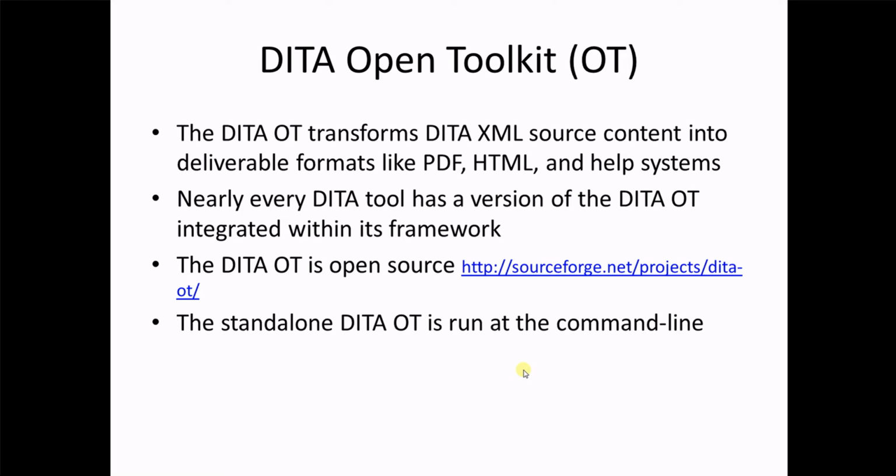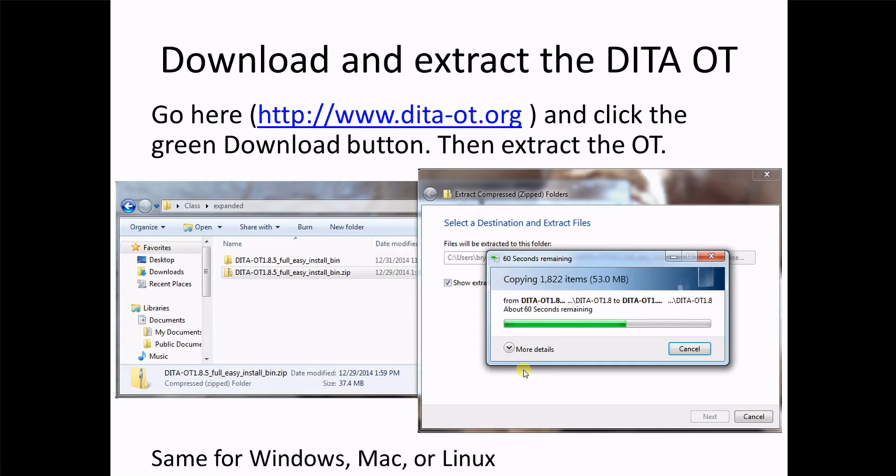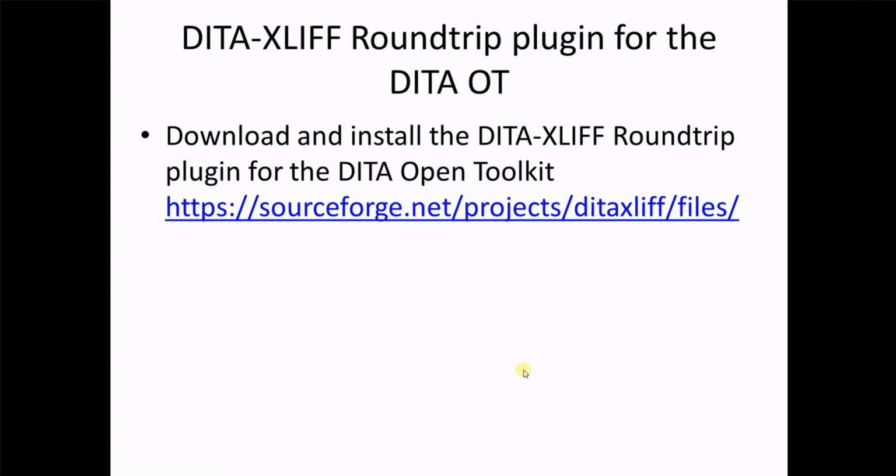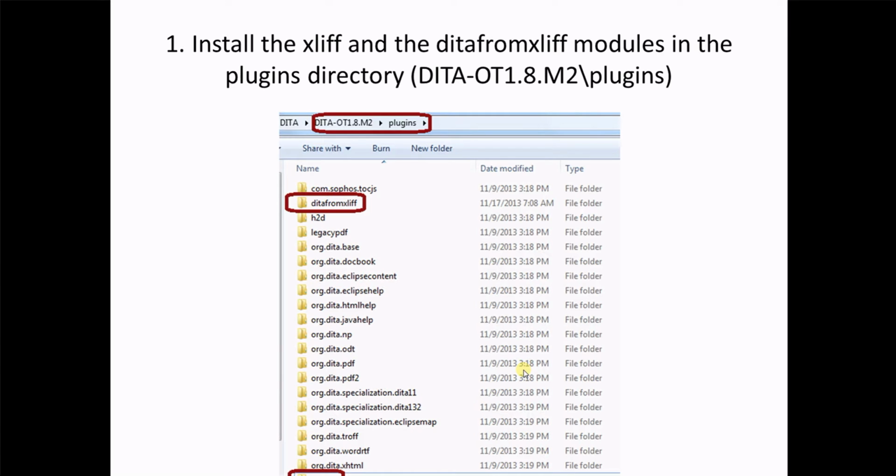The standalone DITA Open Toolkit is run at command line. Okay, so you would download and extract the DITA Open Toolkit and install it. And then you would need to download the DITA XLIFF roundtrip plugin that I created and I put out there on SourceForge at that URL there. You would then install the XLIFF and the ditafromxliff modules into the plugins directory.